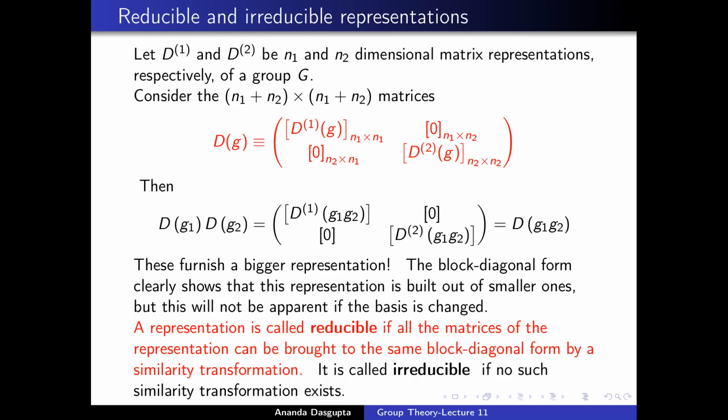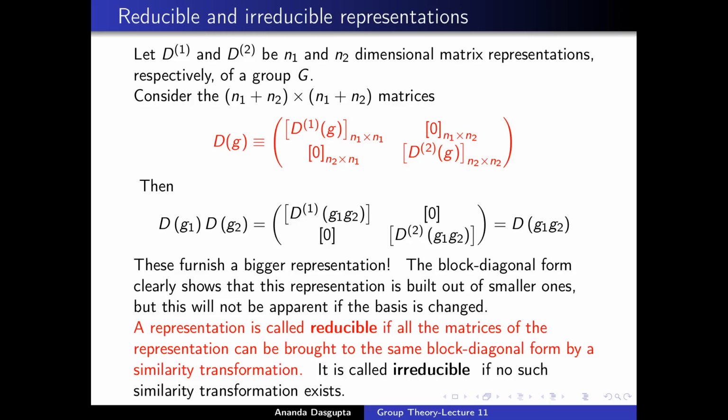This task of trying to figure out whether it is reducible or not then becomes a rather difficult one. If you can find a similarity transformation which makes all of the matrices block diagonal, fine. If you can't, then you are in trouble because you do not know whether your inability to find such a similarity transformation is because there is no such similarity transformation in the first place, in which case, of course, the representation is irreducible, or whether it is simply because you have not tried hard enough.